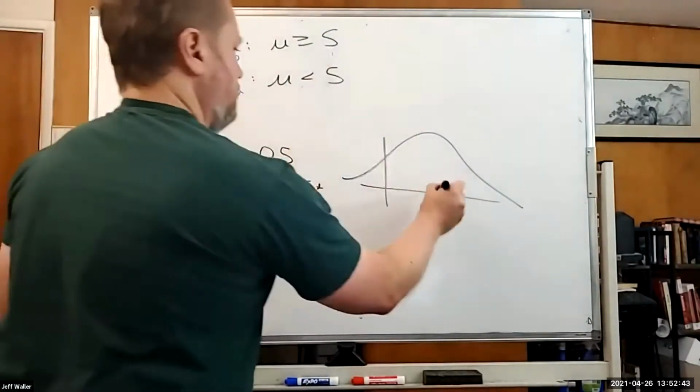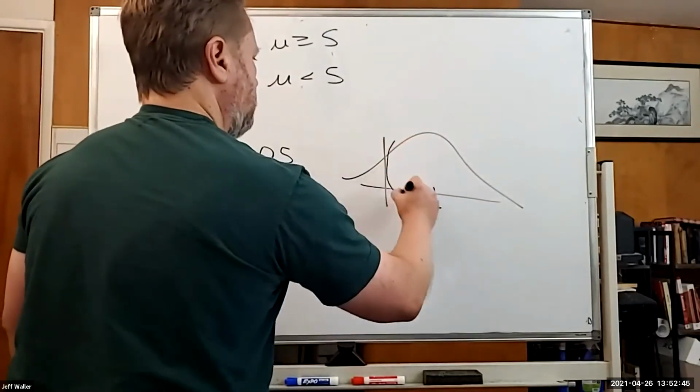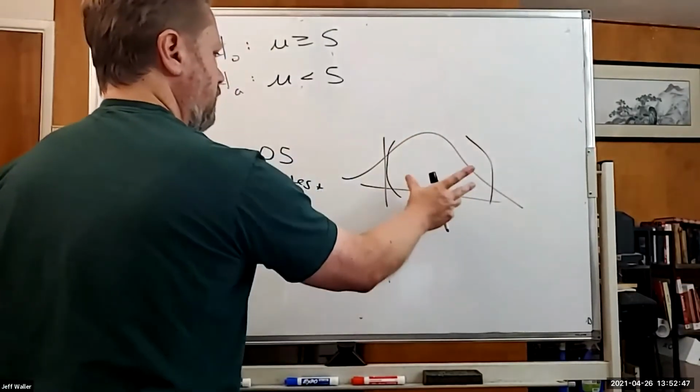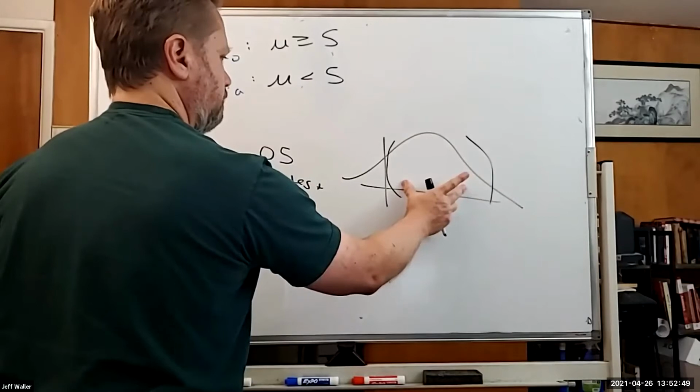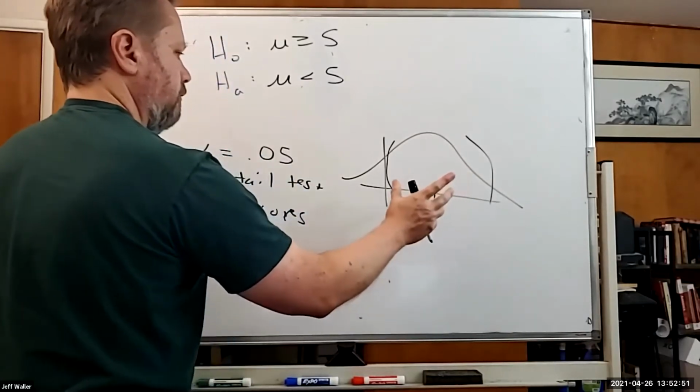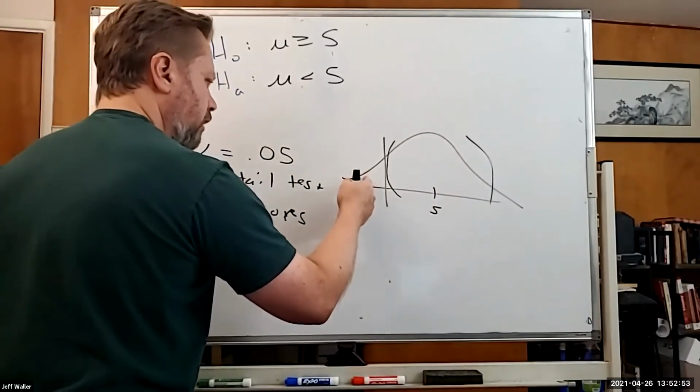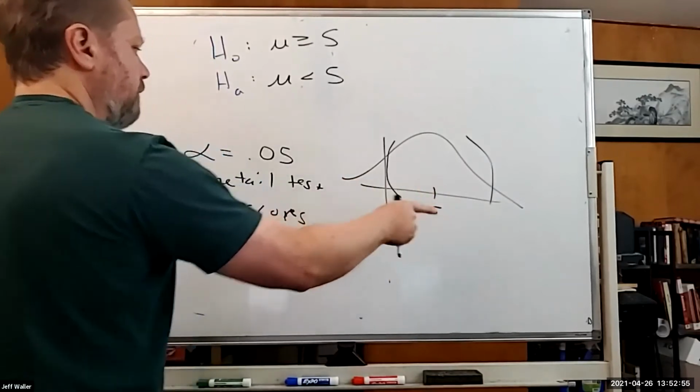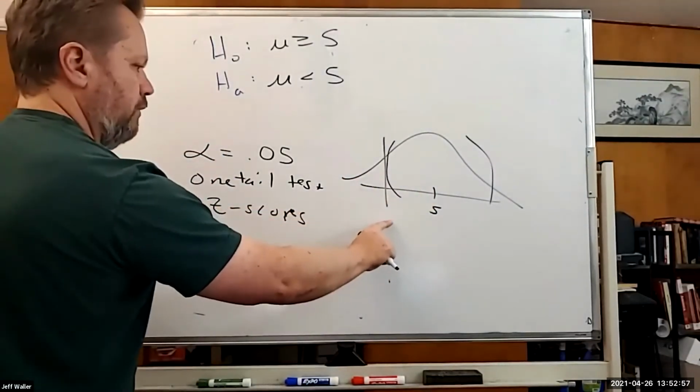In this case, the null believes it should show up in here. So if we show up here, that's evidence against the null. Does somebody have that z-score yet?